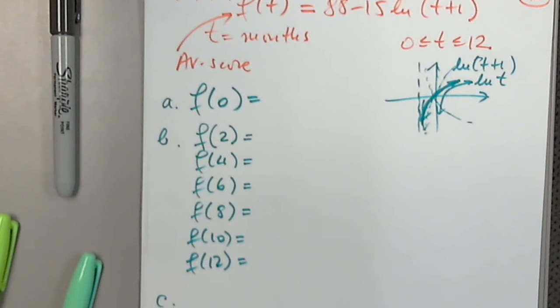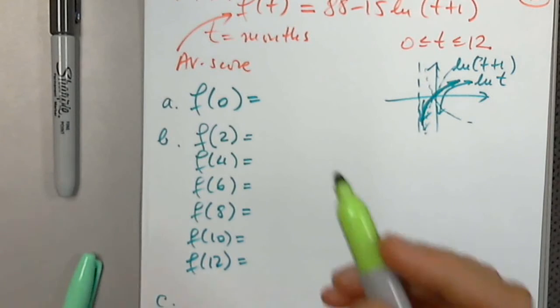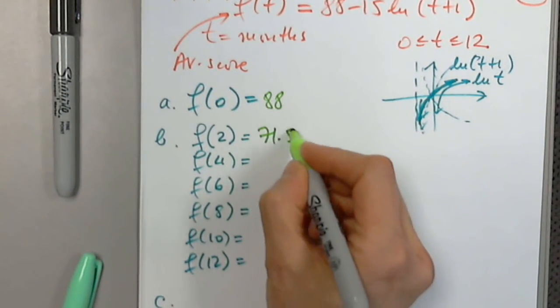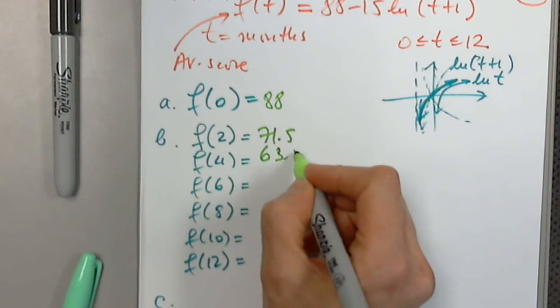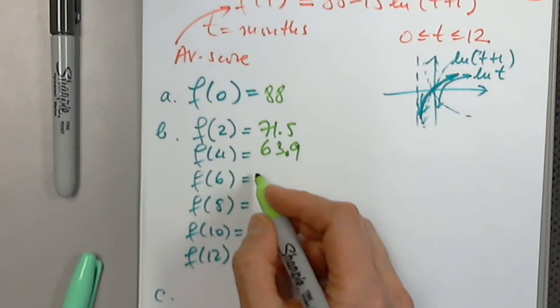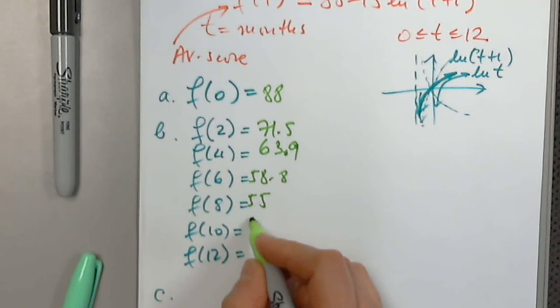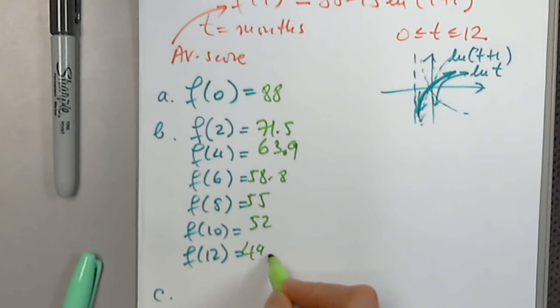I need 0, 2, 4, 6, 8, 10, and 12. So 88 first, 71.5, and then 63.9, and then 58.8, and 55, and then 52, and then 49.5.